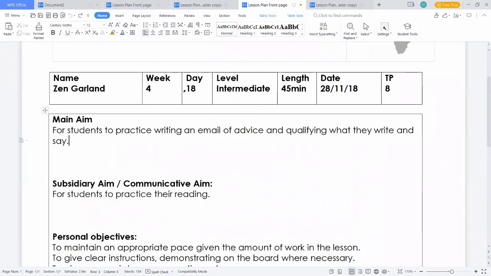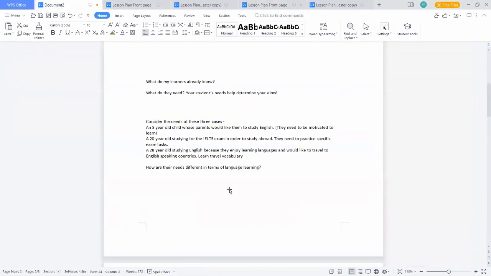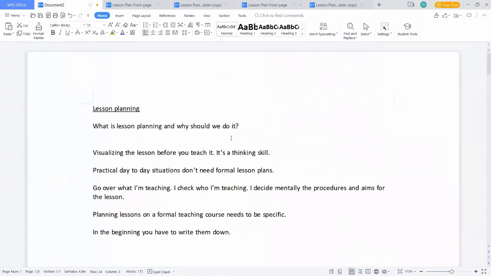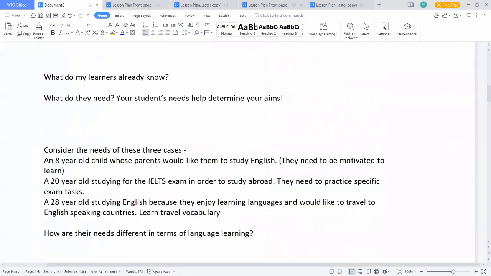For younger students, you can have easier main aims. For example, we see this 8-year-old child. They need to be motivated.